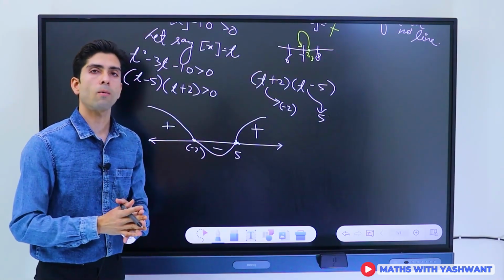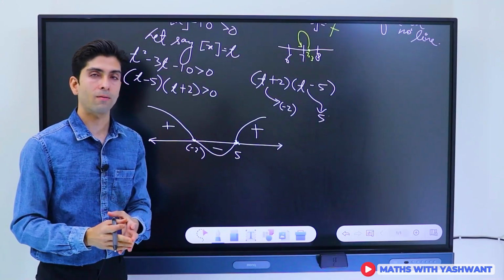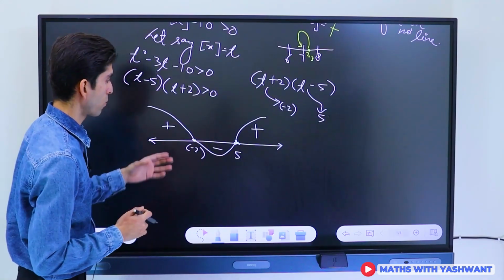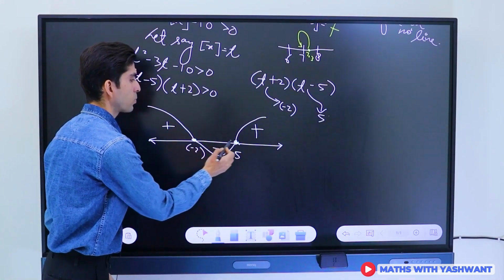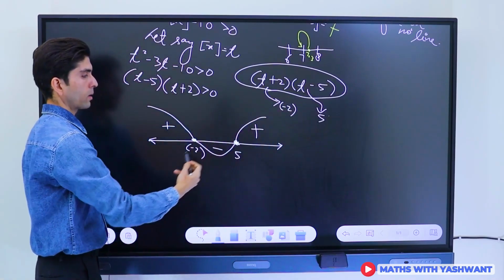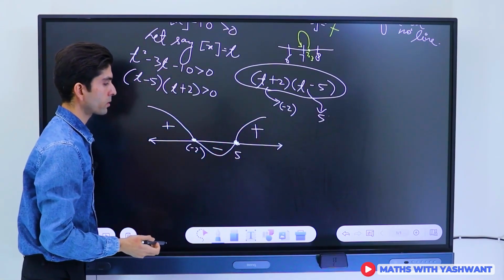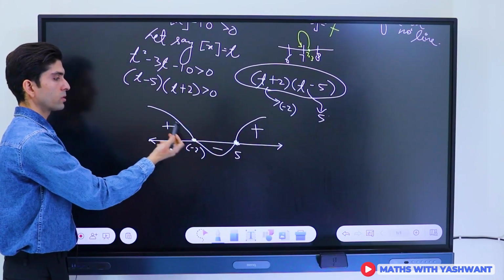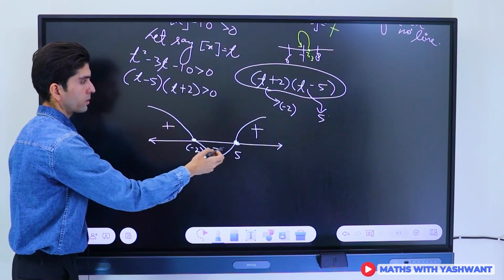It only tells you when your expression is positive, when it is negative, and when it is equal to 0. When the curve intersects the number line, at these points this expression achieves 0 value. To the right of 5, this expression is always positive, and to the left of minus 2, it is again positive, and in between minus 2 and 5, it is negative.